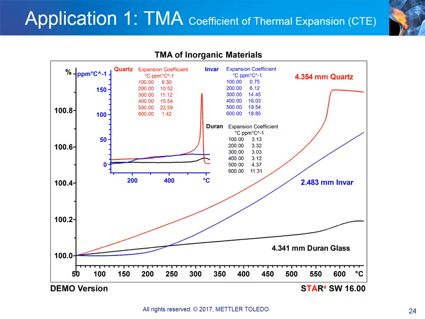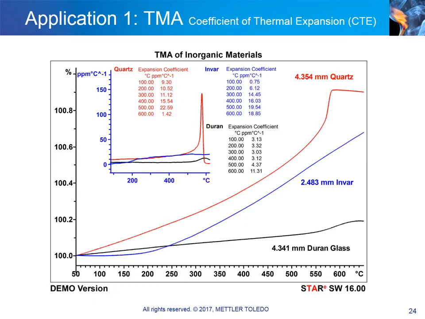The main diagram in this slide shows TMA curves for 3 different materials with increasing temperature. The smaller inset shows the coefficient of thermal expansion as a function of temperature. The materials include Invar, a nickel-steel alloy with 36% nickel, which has practically zero thermal expansion at ambient temperature.